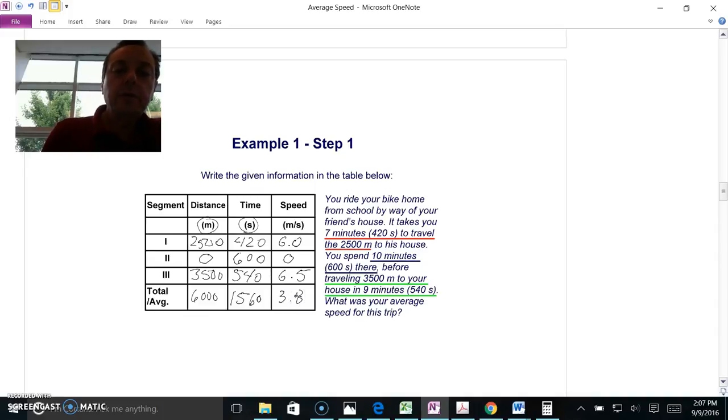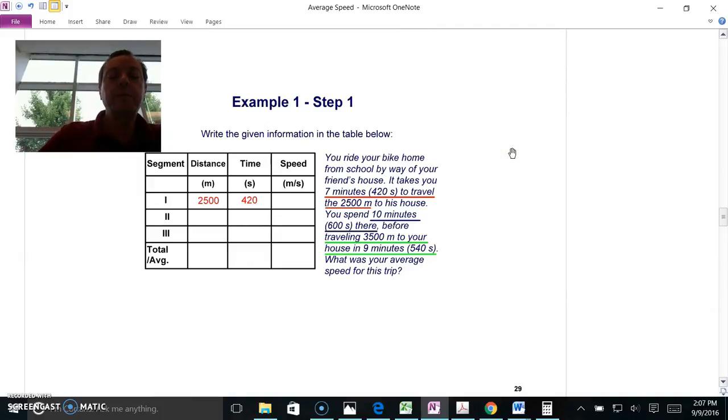Does anybody know why the average using total distance over total time is lower than either of the non-zero average speeds for any of the segments? Well, that's right. It's because in that middle 10-minute period, we had no speed at all. So we're actually averaging that with zero, making the overall average speed a lot lower.